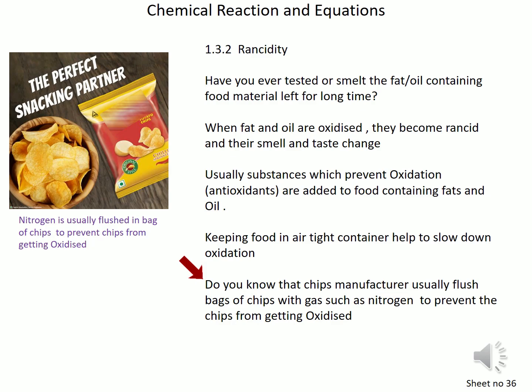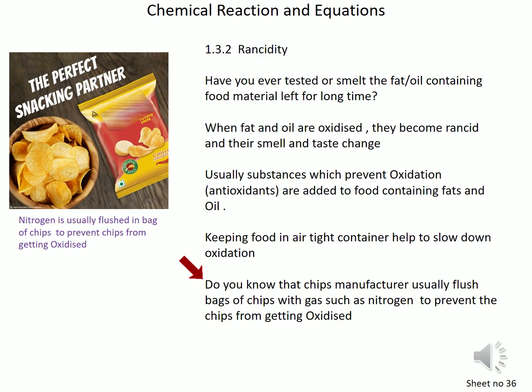Another way is, do you know that chip manufacturers usually flush a bag of chips with a gas such as nitrogen to prevent the chips from getting oxidized? Now, this nitrogen is again an antioxidant. If we add nitrogen in the packet of these wafers, what will happen? This nitrogen will try to prevent the oxidation process because it is an antioxidant.